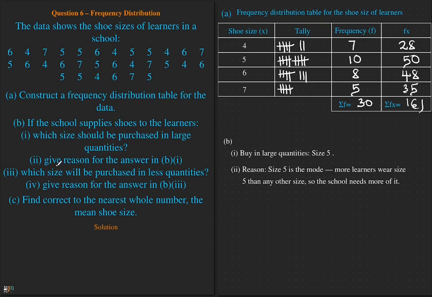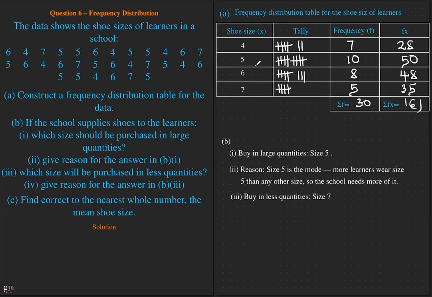And the next question says, which size will be purchased in less quantity? From our table, you realize that 7 has the least number of individuals, right? So 7 is going to be purchased in less quantity.